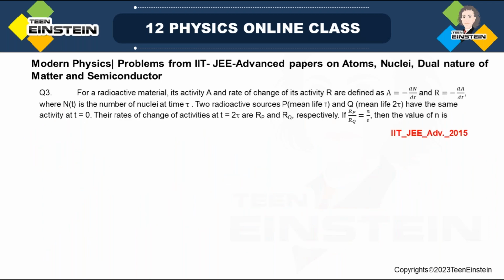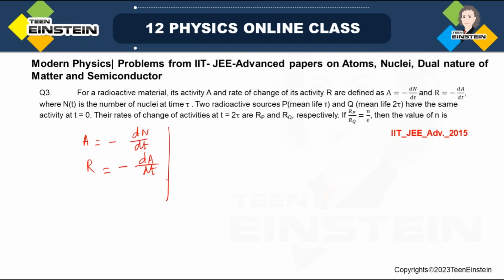Okay, so this is again a nice problem. For a radioactive material, its activity A and the rate of change of its activity R are defined as follows. Activity A is defined as dN by dt, and the rate of change of activity is defined as minus dA by dt.